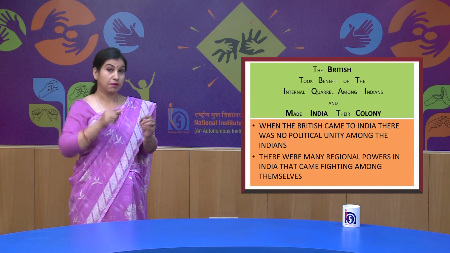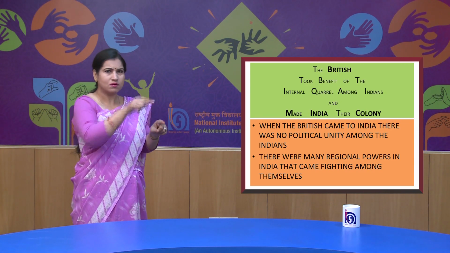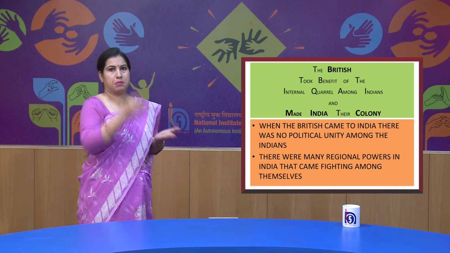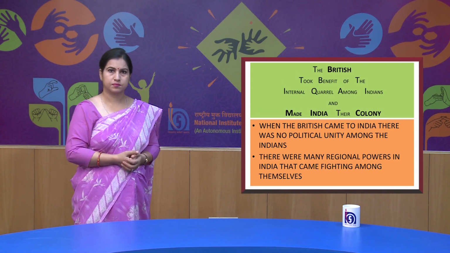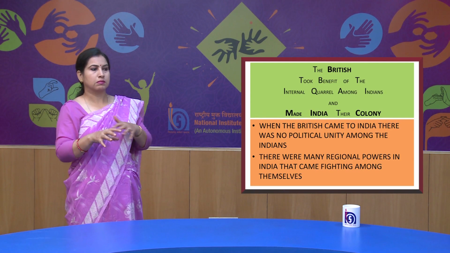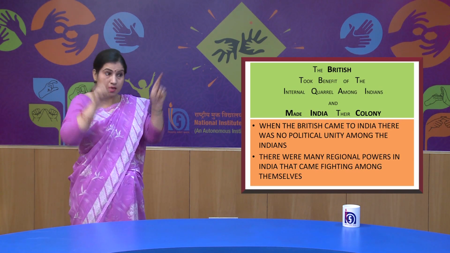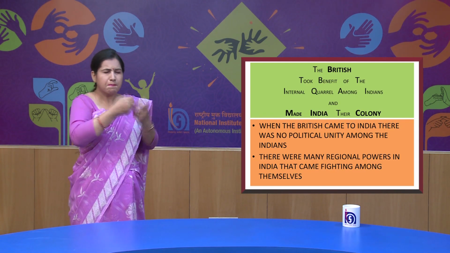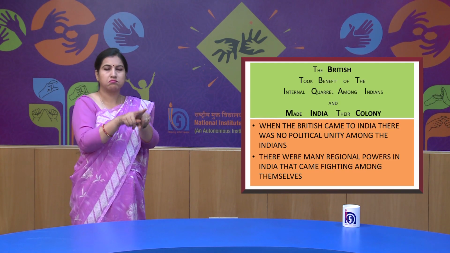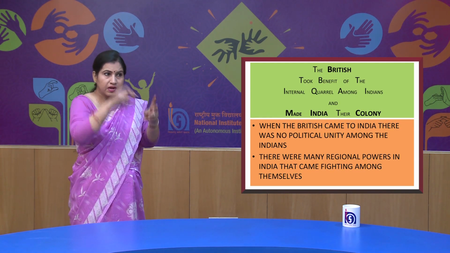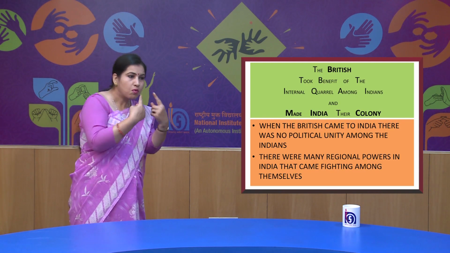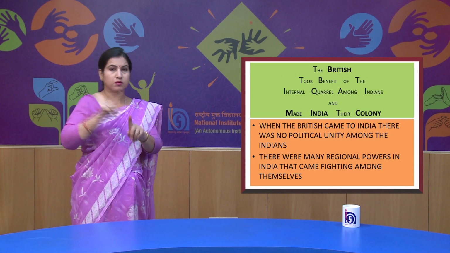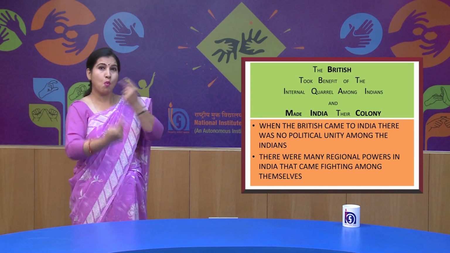Learners, the British used the internal quarrels among rulers in India to hold control over the Indian states. They fought many wars and signed many treaties with various Indian powers, and from economic power they gained political control over India.